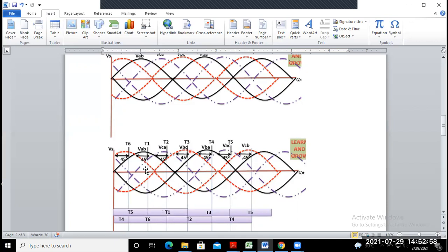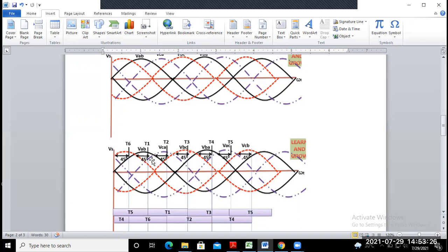So what I want to say is, sorry, up to this period, this is your most positive of this thyristor, VAB. Okay. So VA is your positive half cycle thyristor, which is T1. So from this instant, when you provide the gate pulse to thyristor 1, the conduction of thyristor 1 starts. Okay.